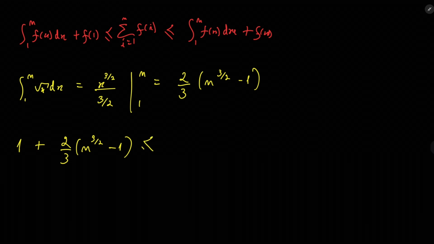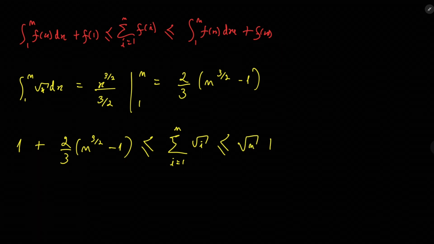So this is less or equal than the sum from i equals 1 to n of the square root of i, and the sum is less or equal than f of n this time, which is the square root of n, plus again the result of our integral, which is 2/3 times n to 3/2 minus 1.